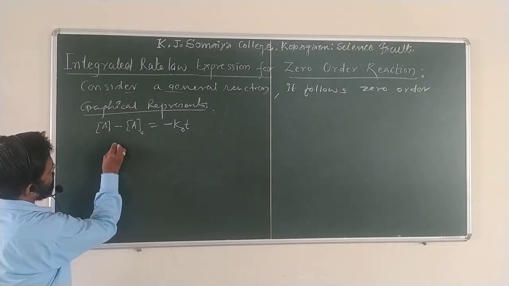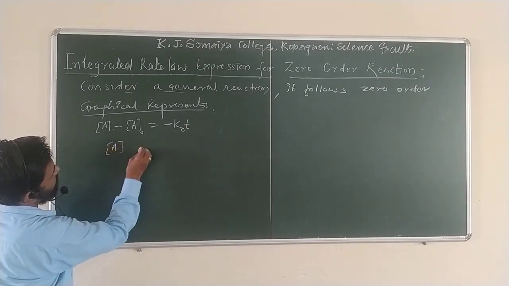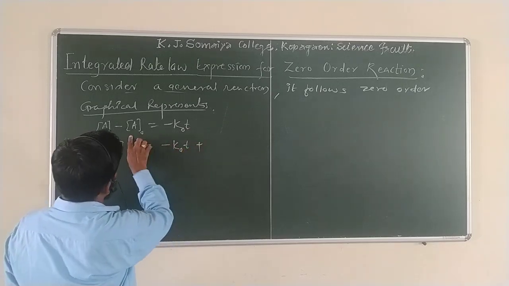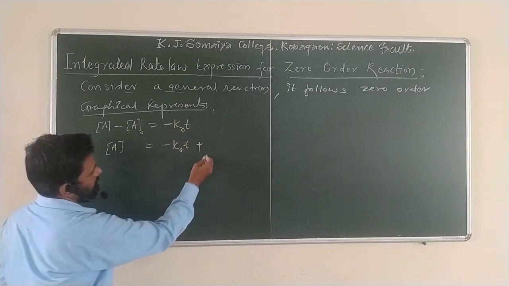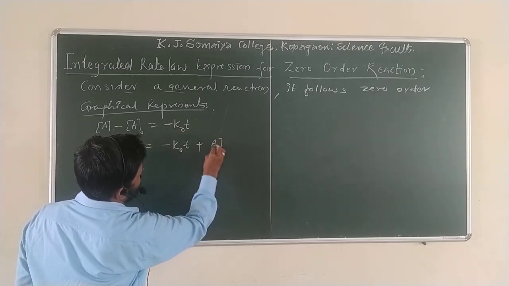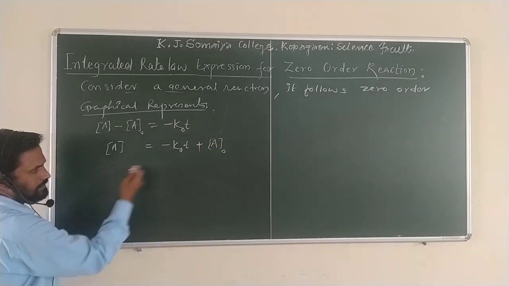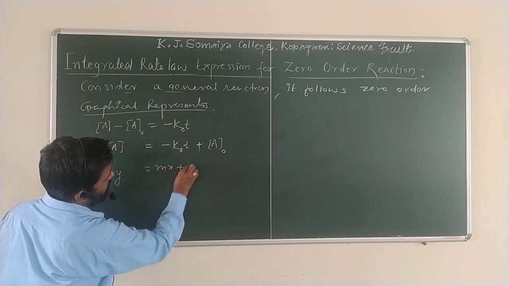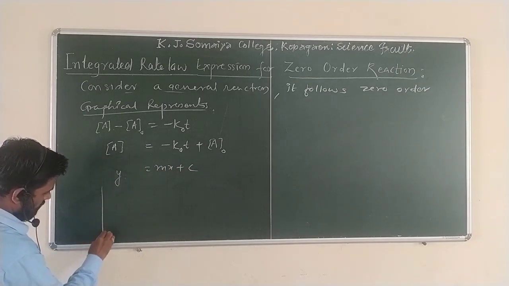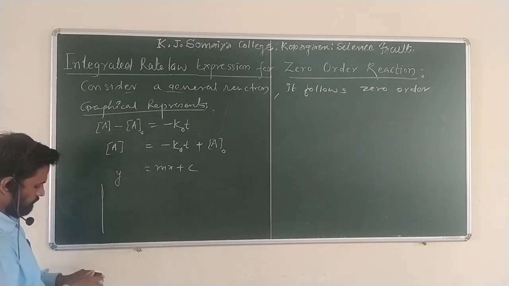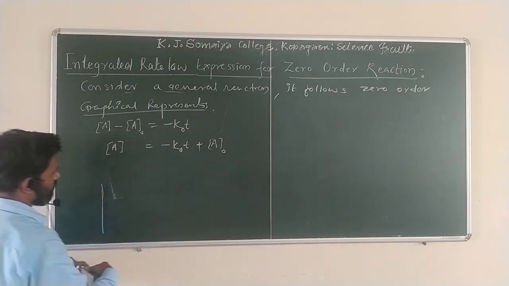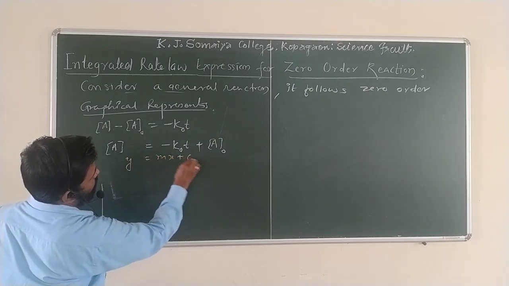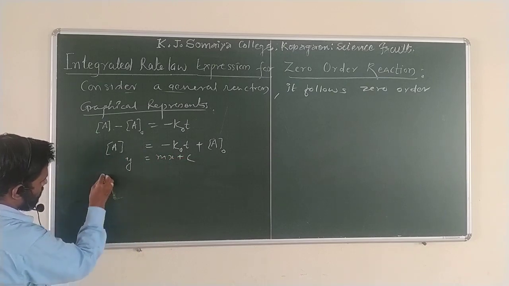If we rearrange it, the concentration of A is equal to minus K0 t plus A0, taking A0 to the right-hand side as a positive term. So this equation represents y equals mx plus c. Now put a graph.